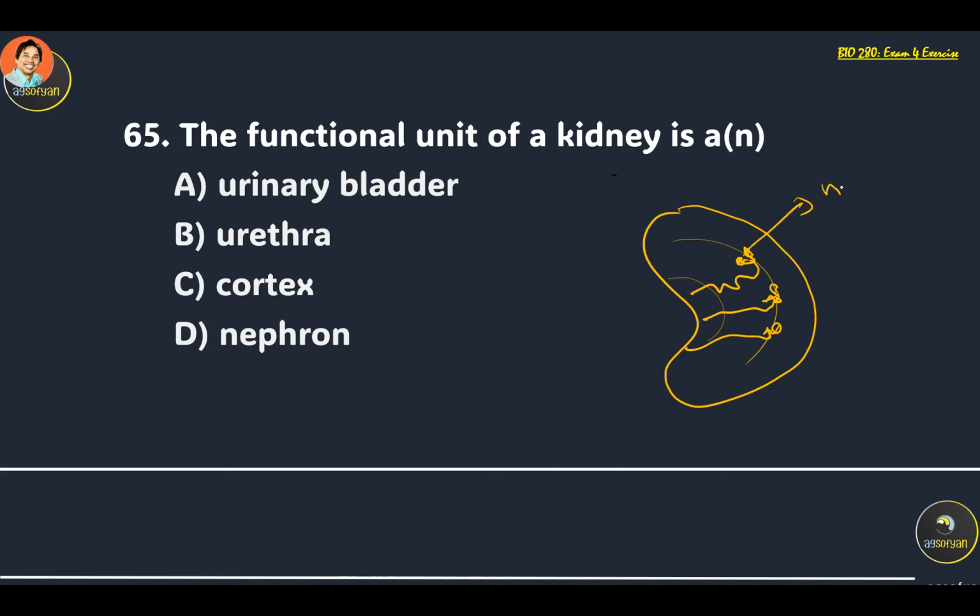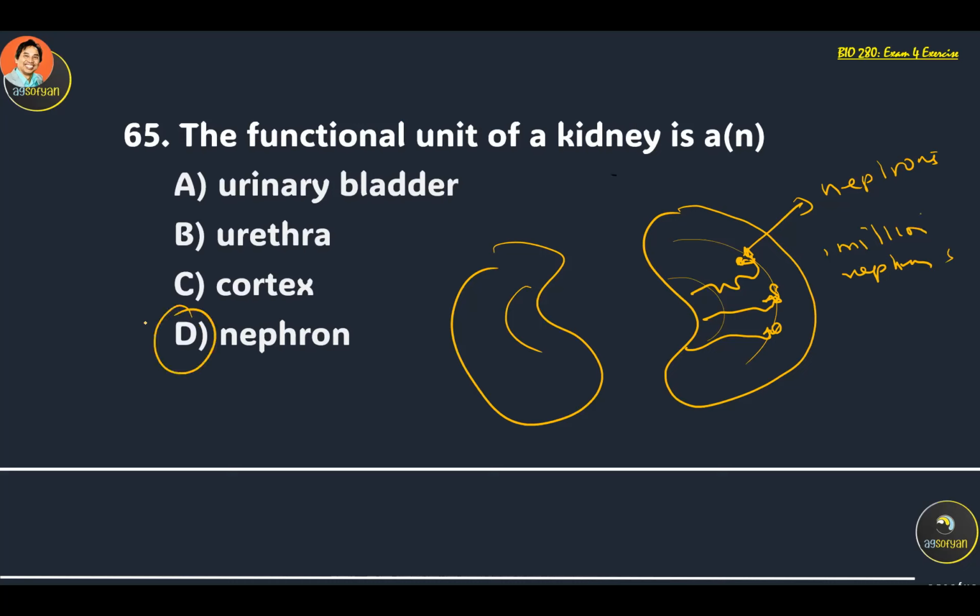Its unit is called nephron. Nephron. Each kidney usually have about 1 million nephrons. Okay, so totally in two kidney we have 2 million nephron. So the unit is called nephron.